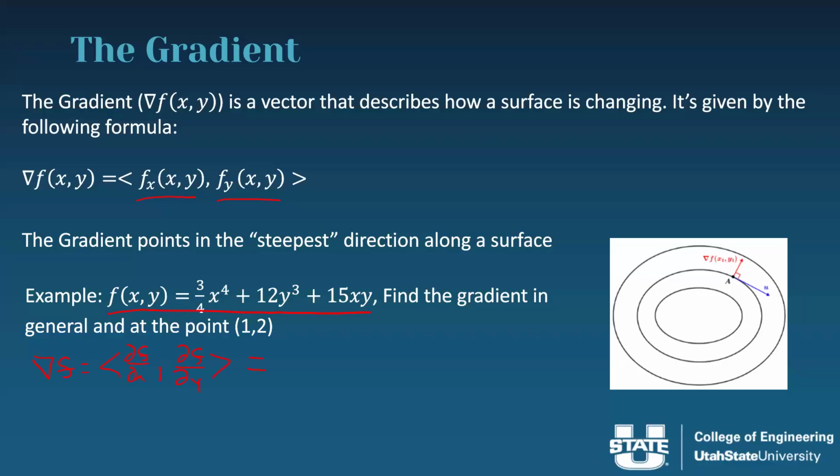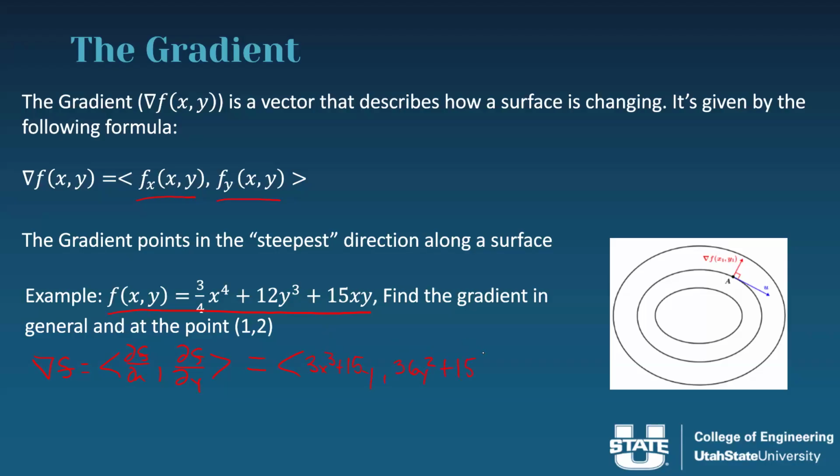which in this case, do you guys want to shout out the partial with respect to x? 3x cubed plus 15y. And then our partial with respect to y. 36y squared plus 15x.